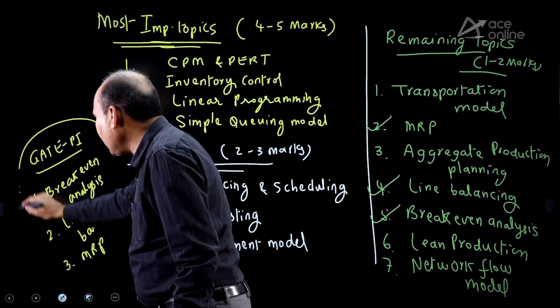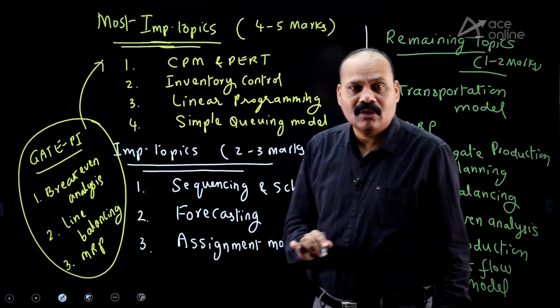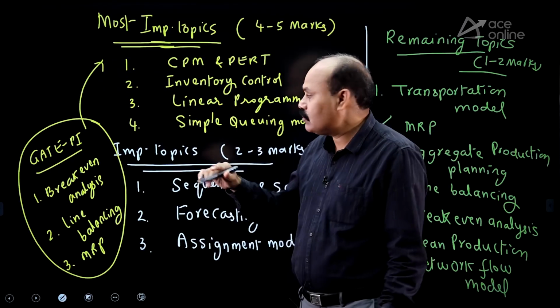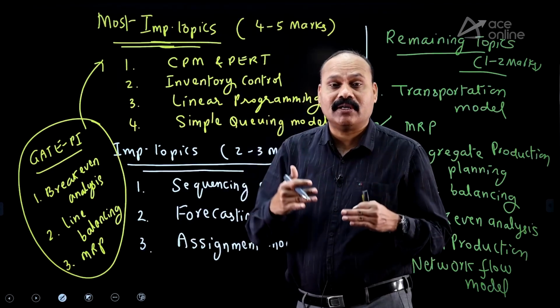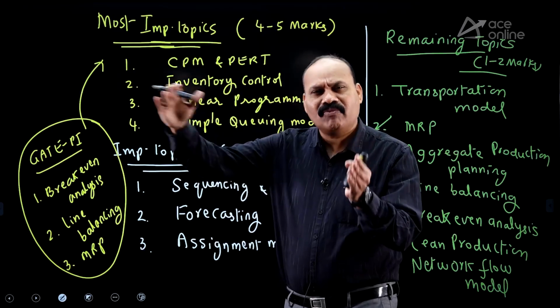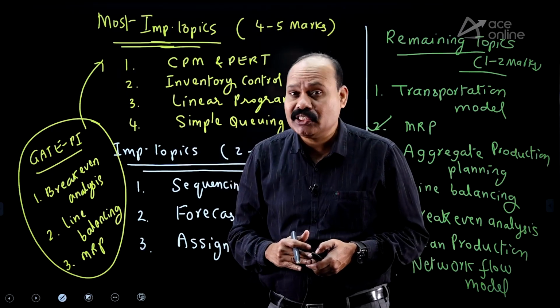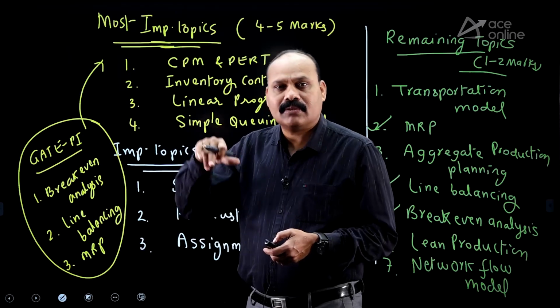So these three headings I can include under most important. The most important topics, 4 plus 3, 7, are most important for PI, because in PI the maximum weightage is for industrial engineering. So don't miss these things for the PI paper.